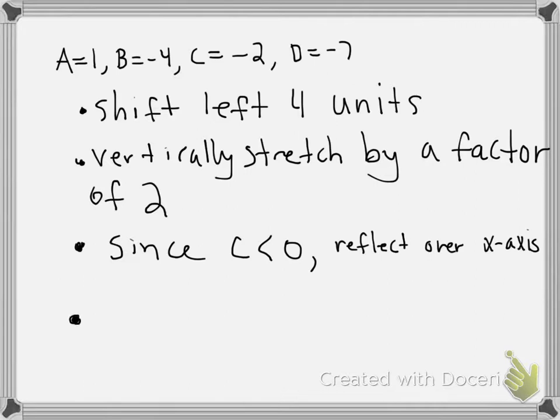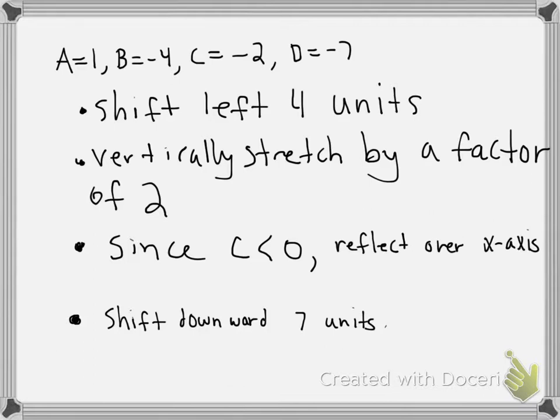And finally, with D equaling negative 7, since that's a negative value, we will be shifting down. So finally, the last step with D being negative 7, we are going to shift the graph downward 7 units.